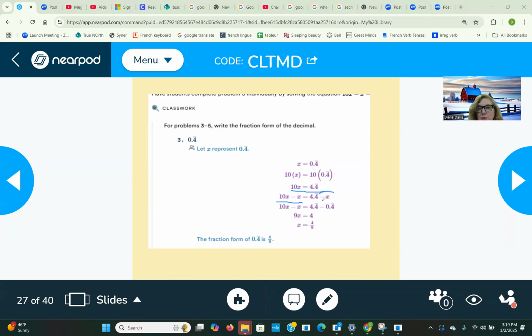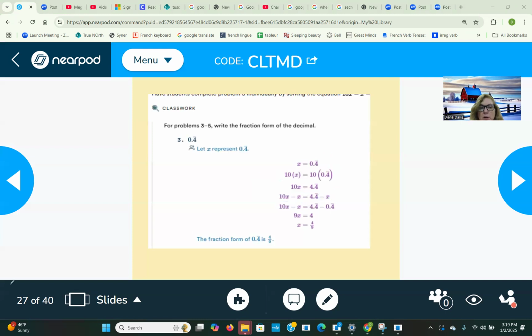And x is also 0.4. We proved that in this part of the solution. So instead of having subtract x, we substituted 0.4. Therefore, we can go ahead and reduce it and subtract it. And now we have 9x equals 4 and x equals 4 over 9.